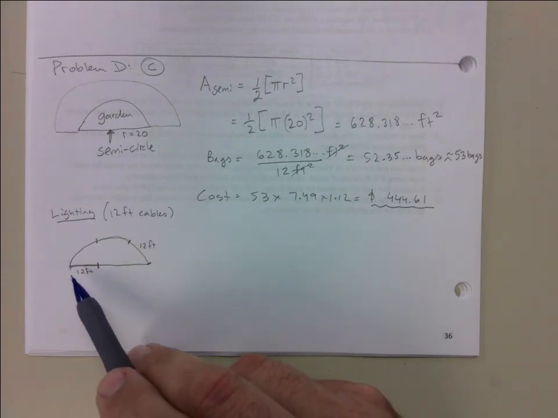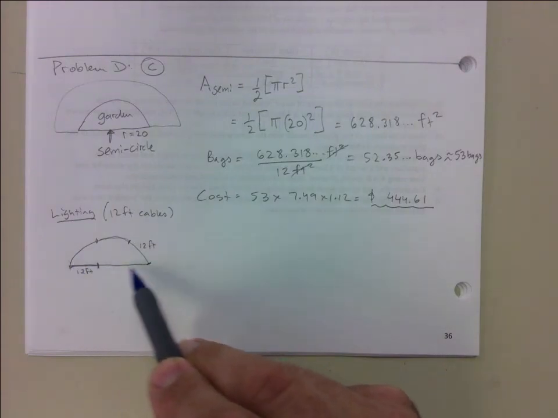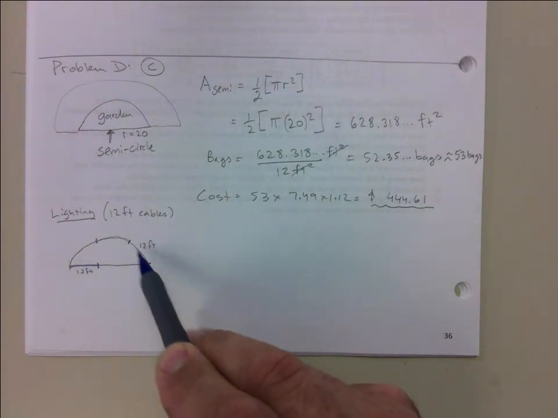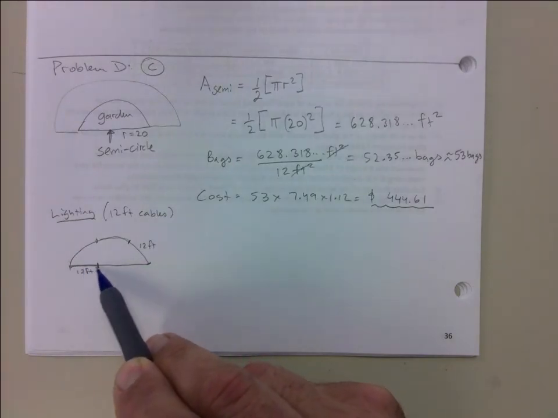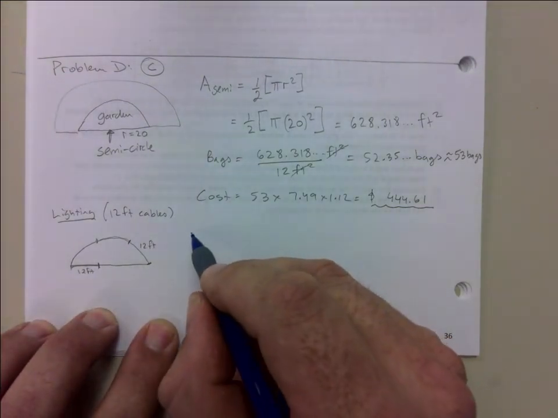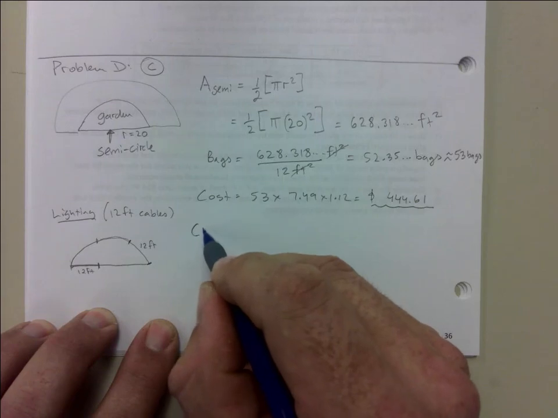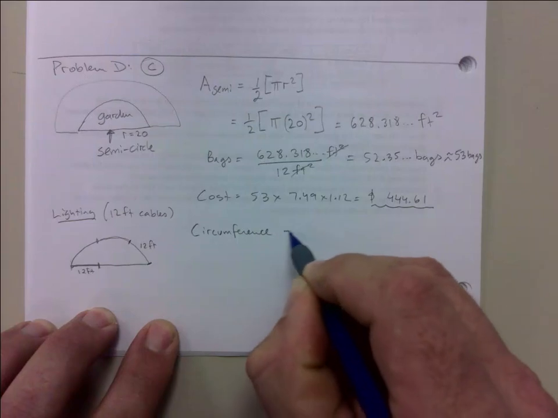How would I start? Go big picture. You want half of the circumference plus, what is this called? The diameter of this thing, right? Do you remember circumference? Is 2 pi r.